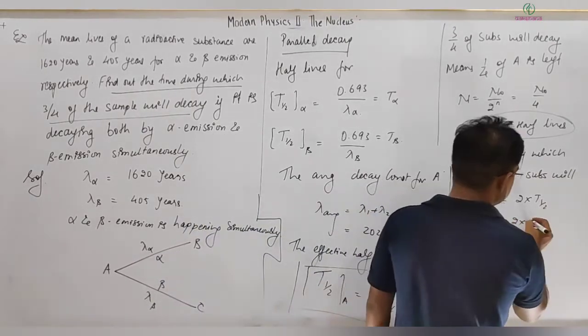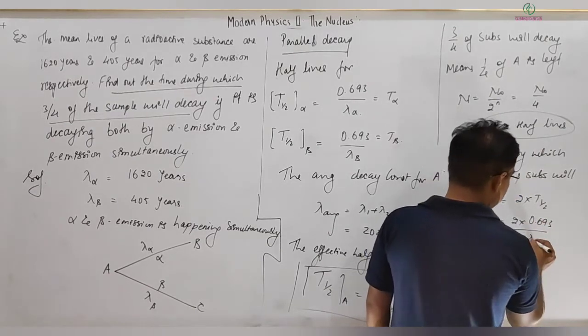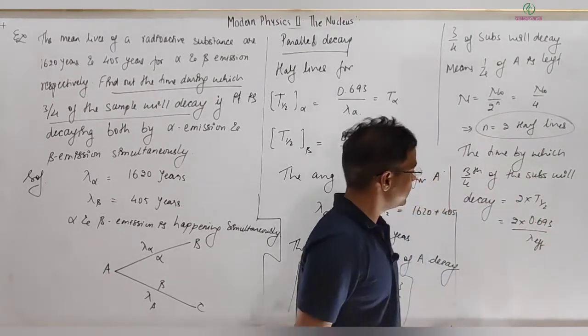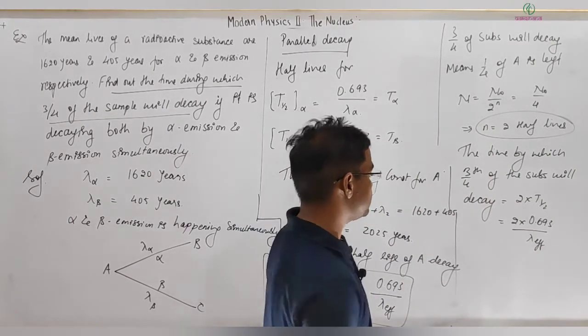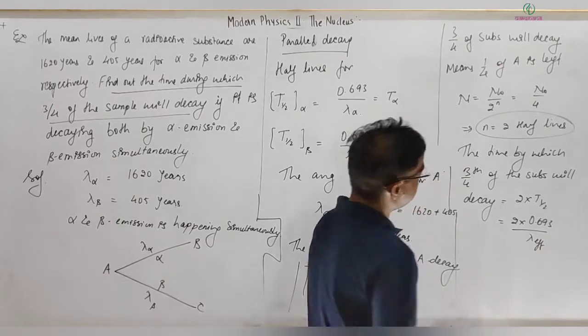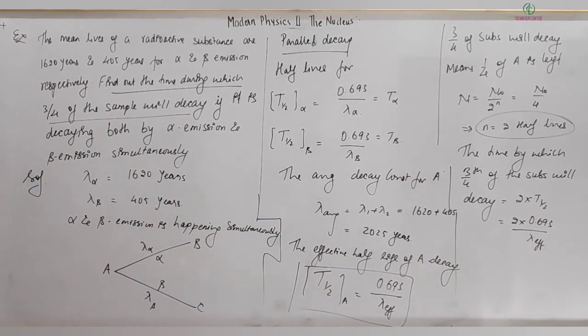This is 0.693 divided by lambda effective. Is it clear? And that comes out to be, we can just simply calculate it. Let me just check the calculation. We have everything all right. This is good.